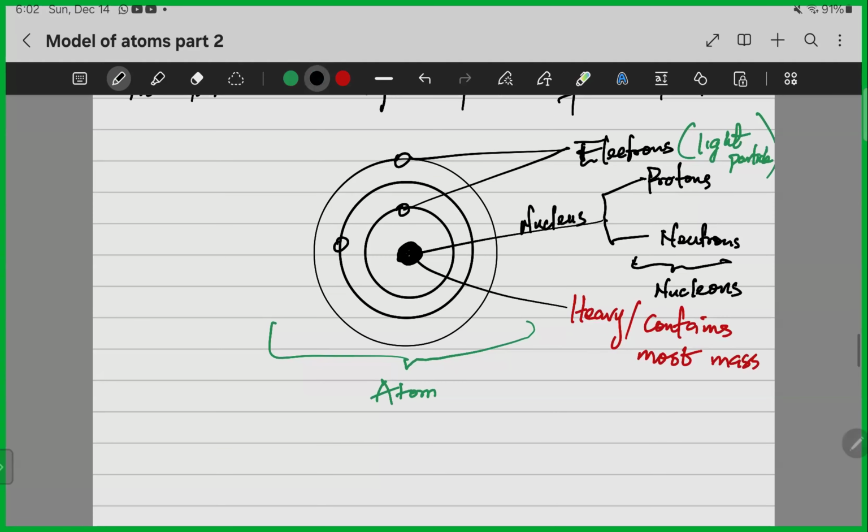Let me continue to make the statement by saying the nucleus is heavy and contains most of the mass.